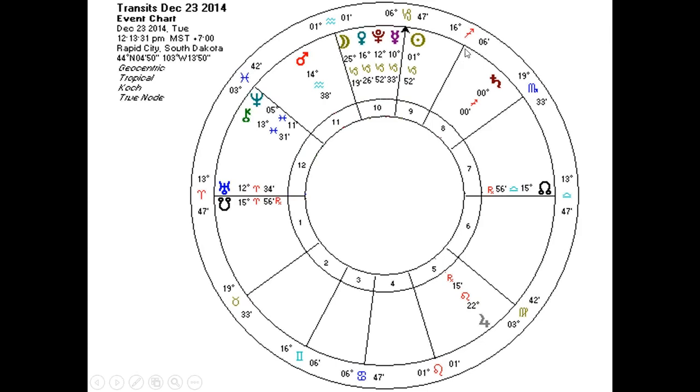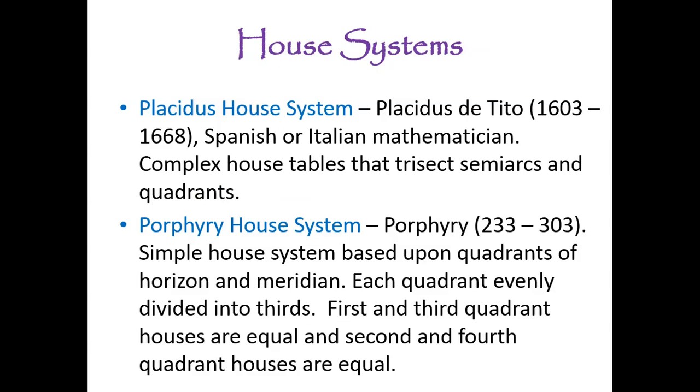Pay attention here a little bit though. Just for instance, look at the fact that the 9th house is 16 degrees Sagittarius. The 11th house is 1 degree Aquarius. We'll just watch how that changes in our different house systems as we compare them.